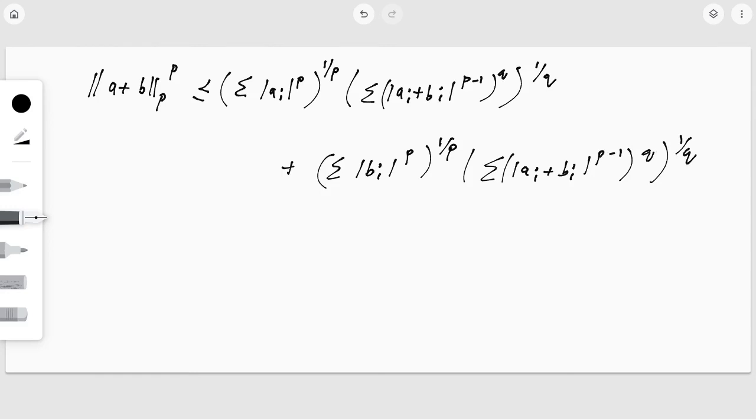Now, what is the value of p minus 1 into q? We have seen that p minus 1 into q is nothing other than p itself.